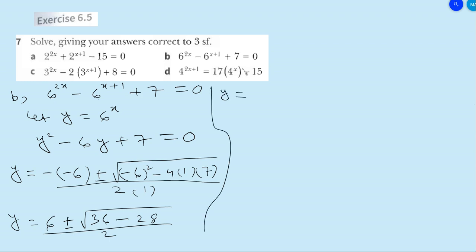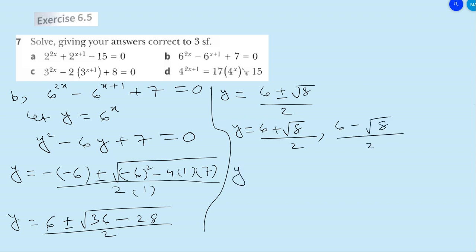Then y equals 6 plus minus root of 36 minus 28, which is 8, upon 2. So one answer is y equals 6 plus root 8 upon 2, and the other is y equals 6 minus root 8 upon 2. By using a calculator, we will find both values directly.